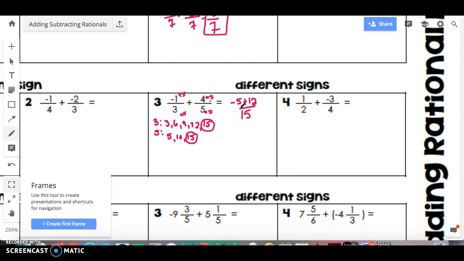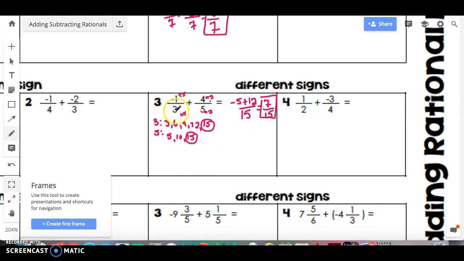So now I have the opposite of 5 plus 12. Well, 12 has a larger absolute value, so it's going to be positive. And then I have 5 wholes, 12 piles. That's going to leave me with 7 piles over 15. I keep the denominator. 7 over 15. I know this is a little challenging, but it works every time.